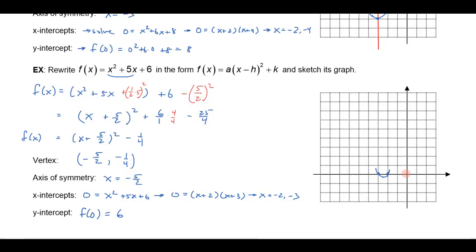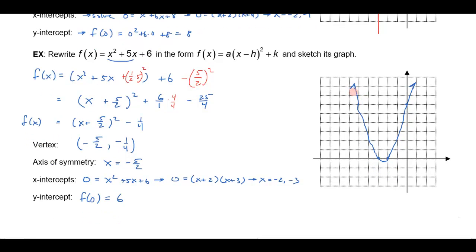So that would be this point over here, 0, 1, 2, 3, 4, 5, 6. So that gives me something to aim for, and you can see this is working out. I'll just get that to look like that. There'd be a corresponding point over here. That's like 2.5 on the other side. That'd put you right here, so there must be a point up there as well. And there we have it.